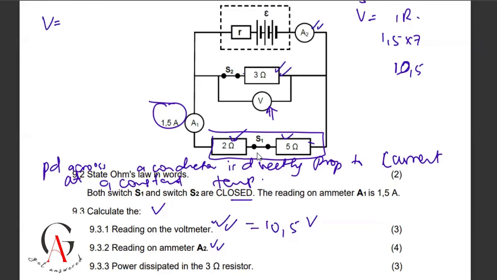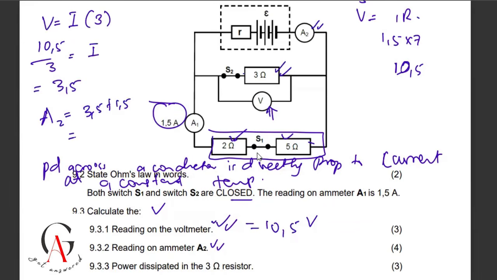Voltage is I multiplied by 3, so 10,5 divided by 3 gives us the I, which is 3,5. Meaning that our A2, which is the total current, is going to be 3,5 plus the 1,5, which gives us 5 amps.